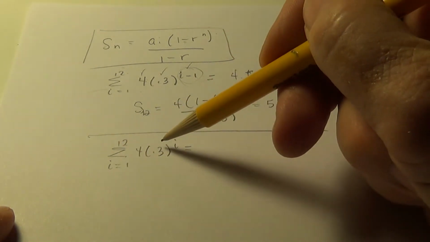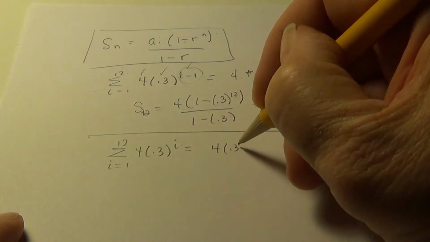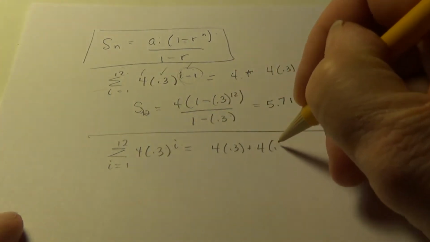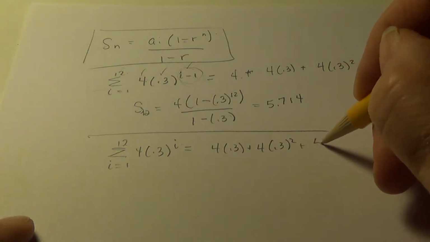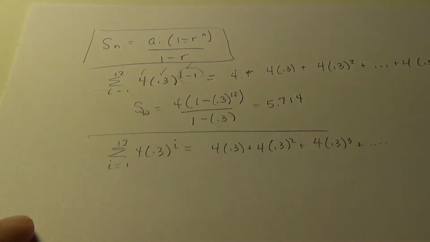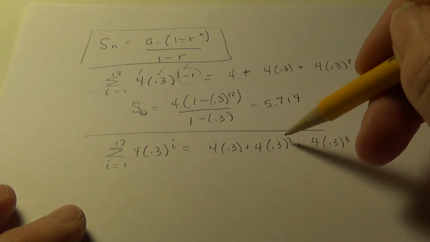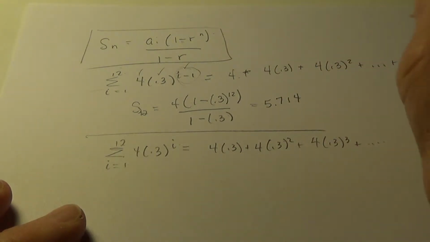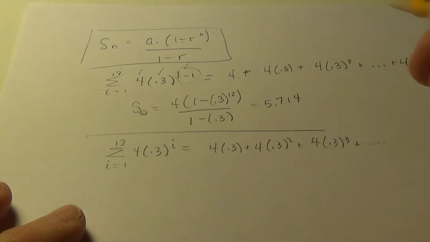We have i equals 1, so we get 4 times 0.3, then 4 times 0.3 squared, 4 times 0.3 cubed, and so on, up to 4 times 0.3 to the 12.